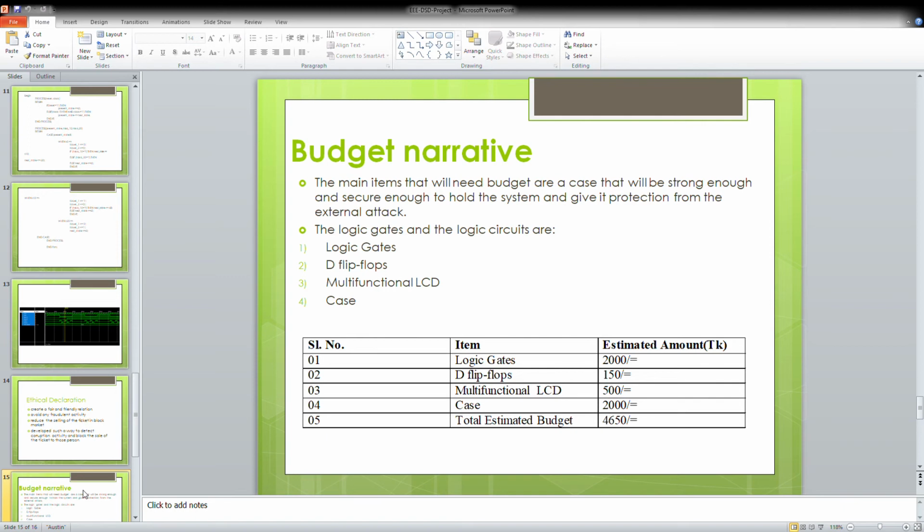There are also some car transportation, so we can fix that amount. Here we are using logic gates, D flip-flop, multi-functional LCD, and case. The estimated budget is 4,650. We can add some more to make it more efficient, but this is the minimum budget required to build this system.